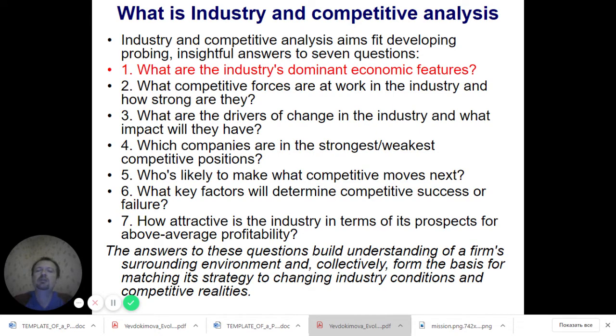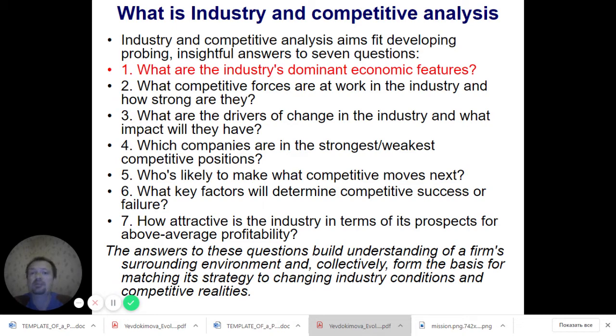Generally, when we want to analyze an industry, we have to analyze a lot of factors. Now on this screen you can see all these points, but today we are speaking about only the first point: what are the industry's main economic features.